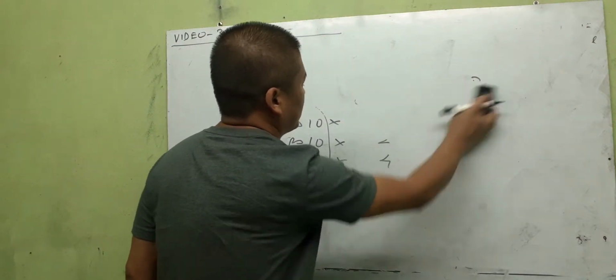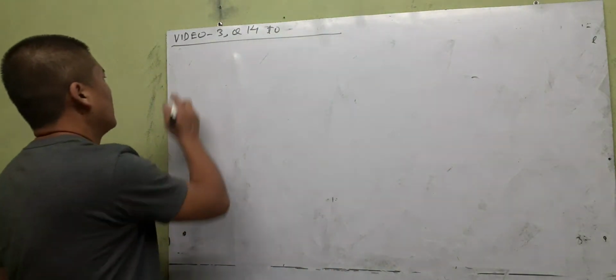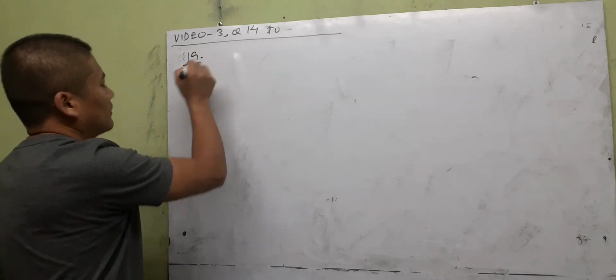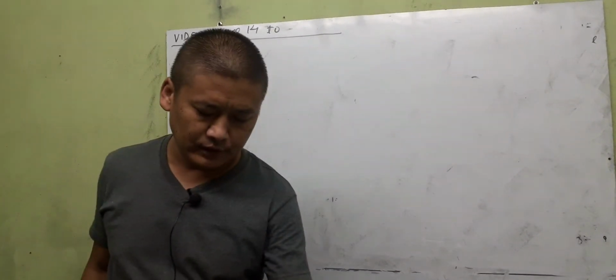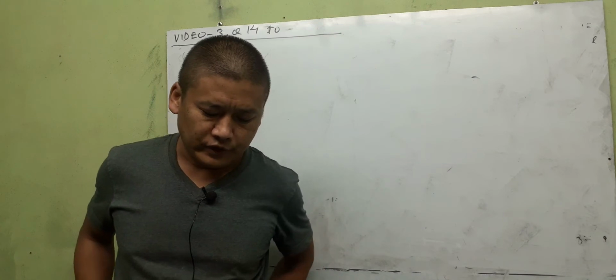We'll derive the equation for the second law of motion. Question number 19. Let me read the question. It says, derive the mathematical equation for the second law of motion.